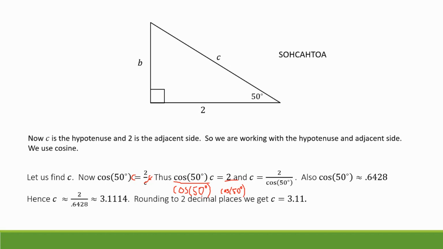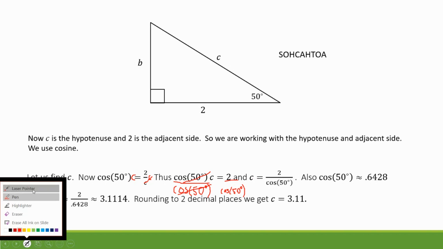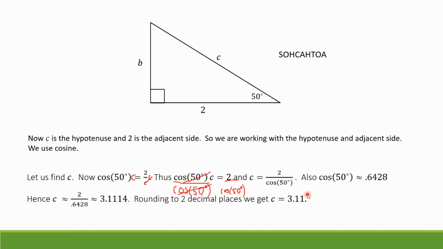Now these are going to cancel. We get C is equal to 2 divided by cosine of 50 degrees.